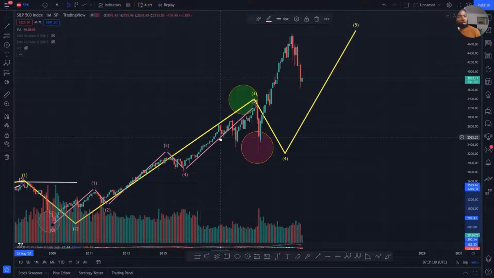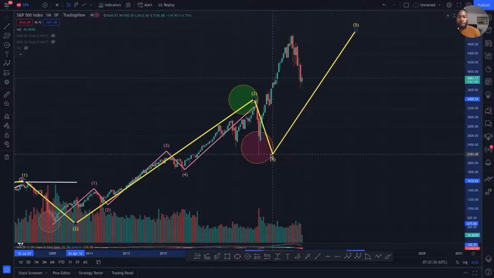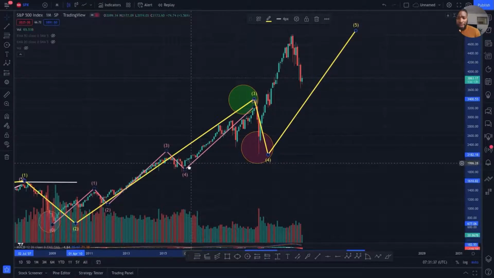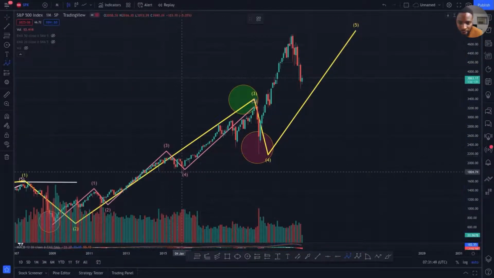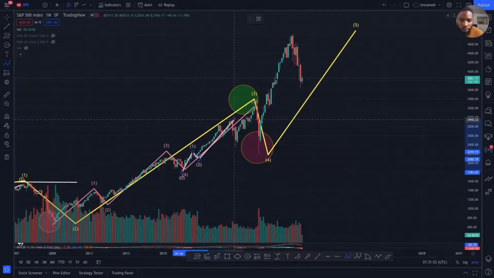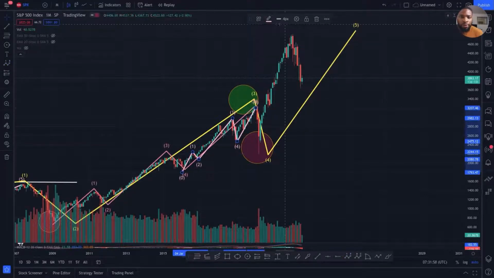And also, if I zoom in into one end of the fractals of the impulsive wave, say for example, I take this small fifth impulsive wave, I will also see a 5-wave pattern within it, which is this already. I can see this already. Look at it. It's 1, 2, 3, 4, 5.